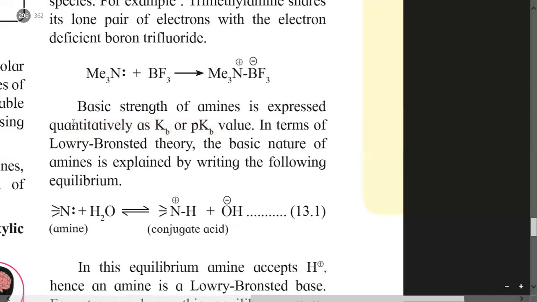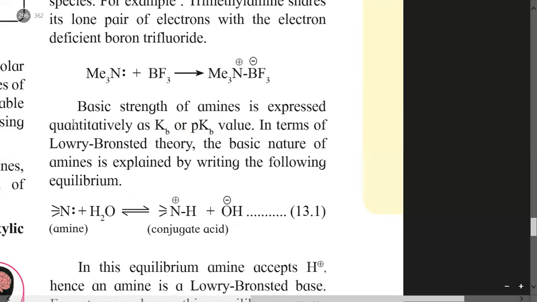Exactly opposite to this, if the pKb value is low, then the amine is stronger. So on the basis of Kb or pKb value, we can decide the strength of bases.